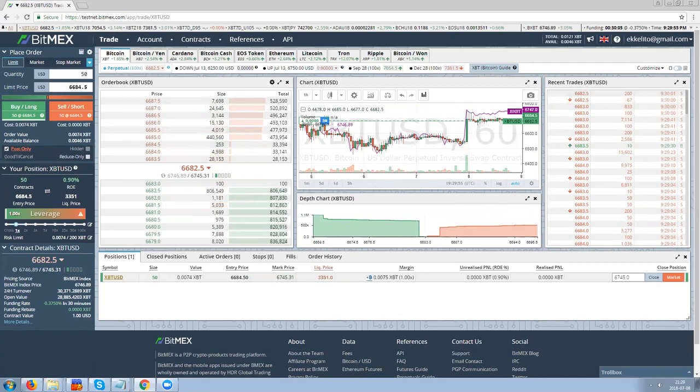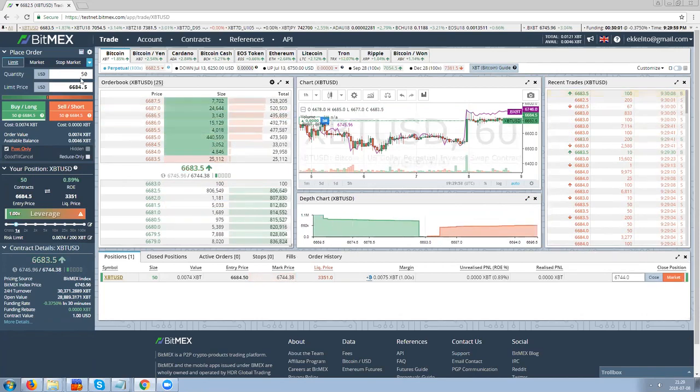If I now close the position, I will have XBT USD again, and then it will return back, so I can buy more contracts. So my available balance will adjust. Yes, okay, that is clear.